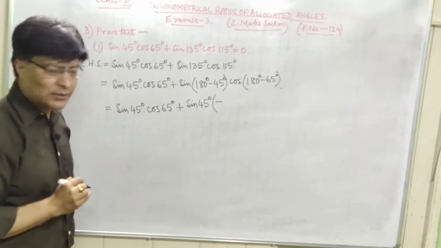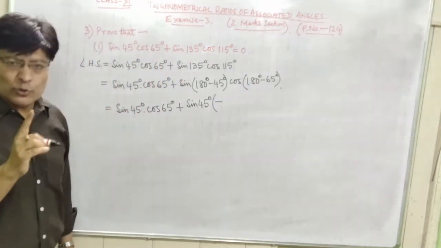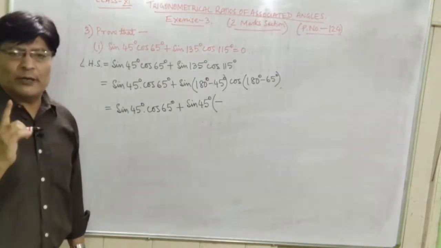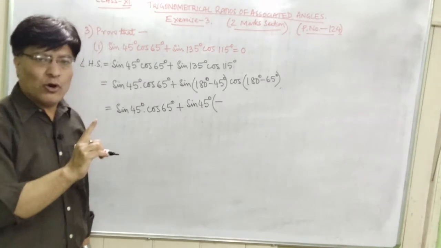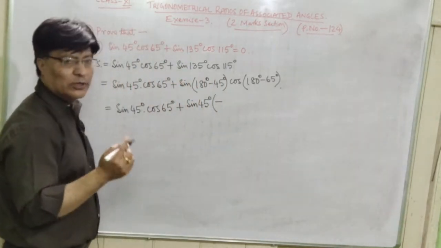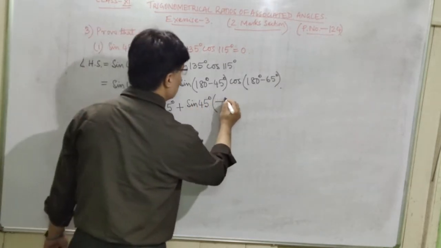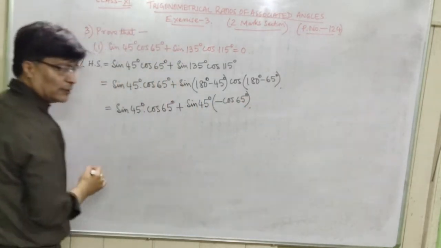You know that, isn't it? And 180 degree means 90 degree into 2, which is even multiple of 90. So if it is even multiple of 90, cos remains same. That is, trigonometrical ratios do not change. So we can write here, this is cos 65 degree.